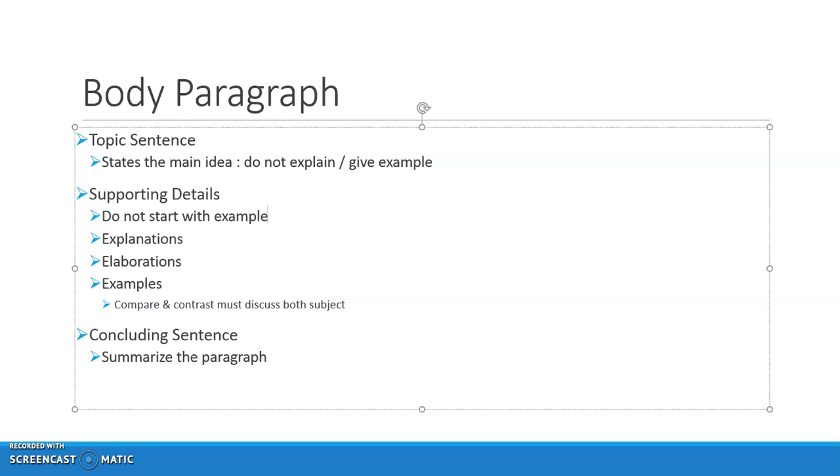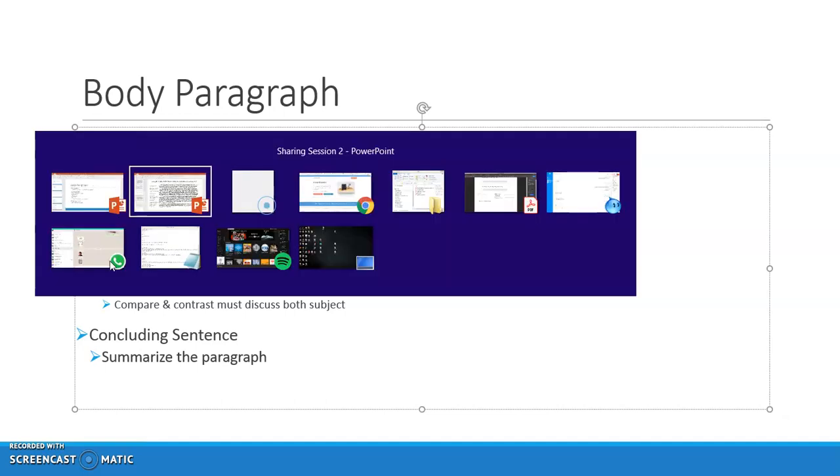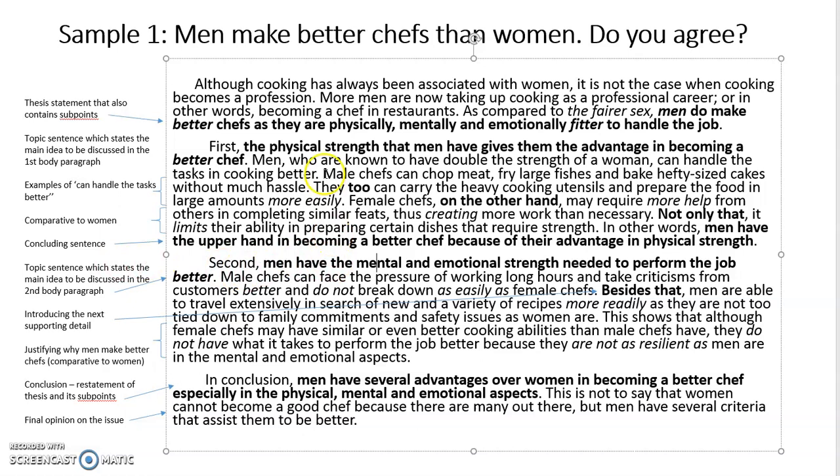So what you should do is, you should start with some explanation, or you should give some elaboration. If you look at this example here, it says, first, physical strength that men have gives them the advantage in becoming a better chef. Men who are known to have double the strength of a woman can handle the task in cooking better.